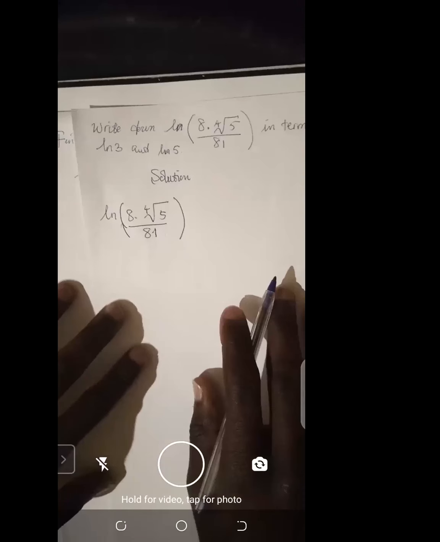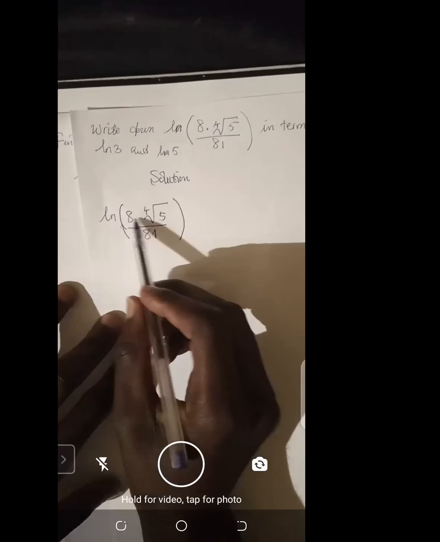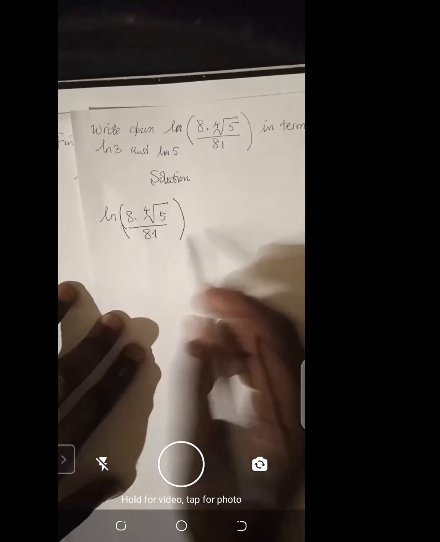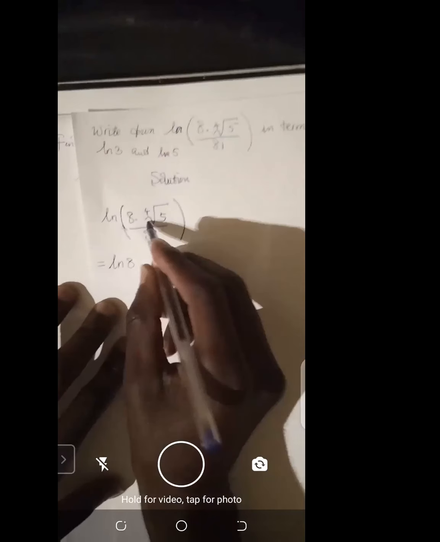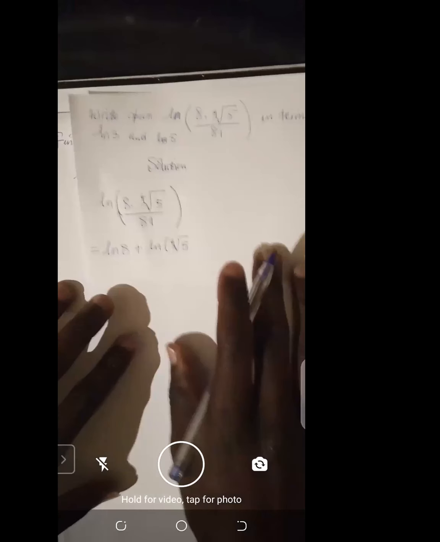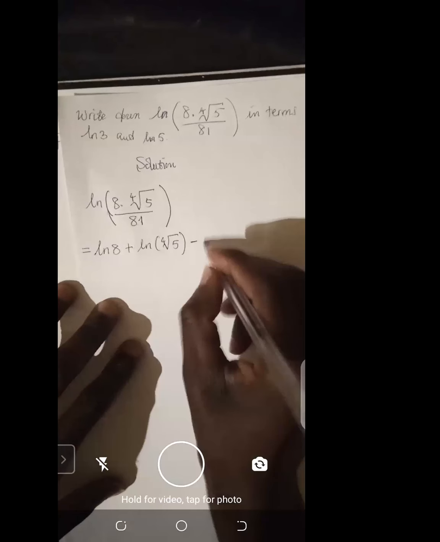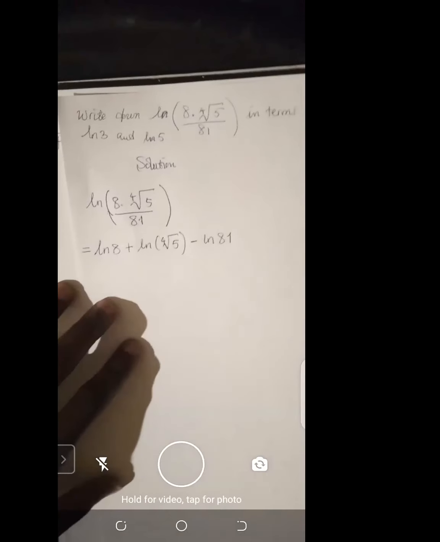So, using the rules of logarithms here, you see you have 8 times this one, then divide by this one. By the rules of logarithms, this is equal to ln of 8 plus ln of the 4th root of 5, then minus, since we are dividing here, ln of 81.